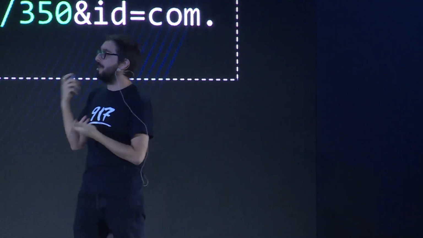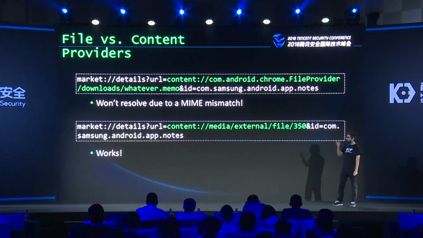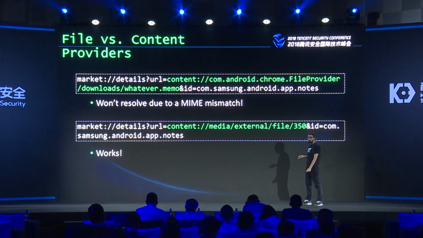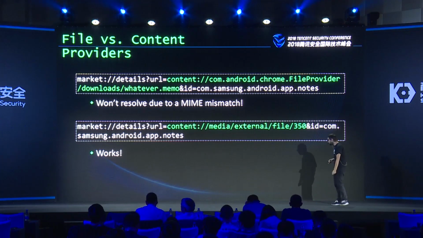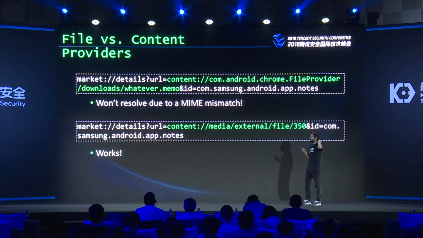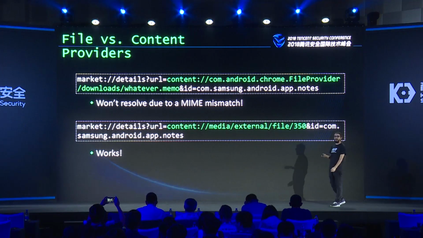Now, unfortunately, the memo extension is a Samsung proprietary extension, which is not defined. Therefore, this is unresolvable by the package manager. One main difference between content providers and file providers is that content providers, unlike file providers, will store information about the MIME type.